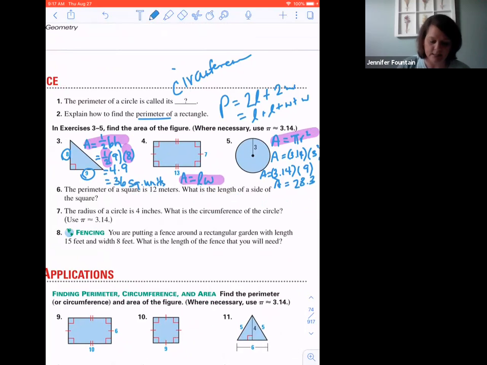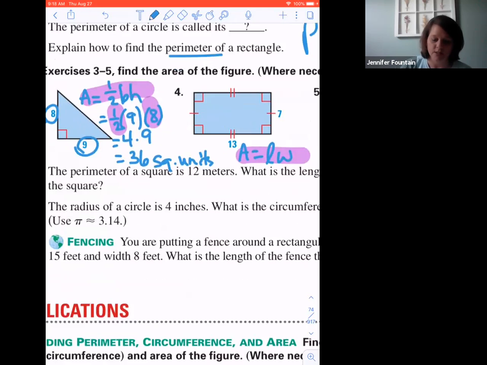Okay. So it says the perimeter of a square is 12 meters. What is the length of a side of the square? So again, we know that when we're finding perimeter of a square, all we're doing is adding our 4 sides together. So we can write that as 4s.